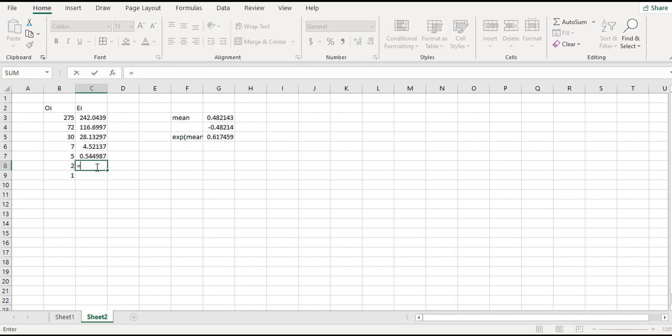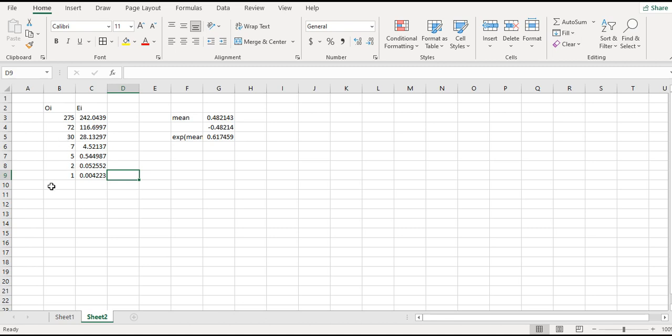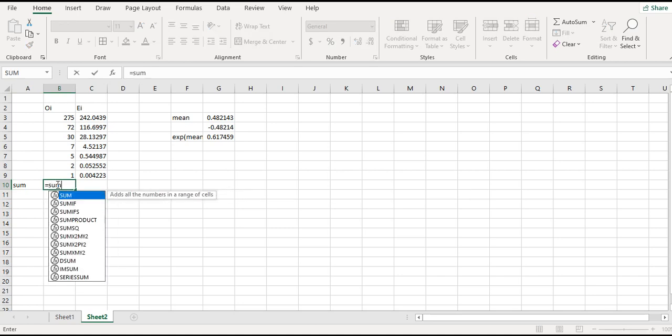Multiply the previous term with mean, divided by 5. Multiply the previous term with mean, divided by 6. So now if you write the sum, what is the formula of sum?